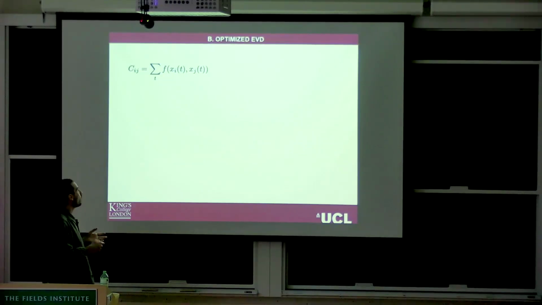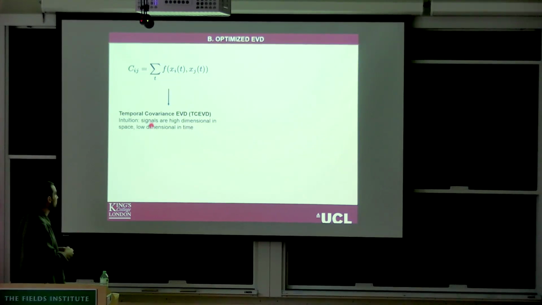Optimized EVD. Once we claim that we can put all these measures in a unique framework, we can do an optimized EVD, which is a temporal covariance EVD, which has been used a lot in other fields, to compute eigenvectors and values of the matrices in an optimized way. And again, the intuition here is that signals in the window typically are high dimensional in space, but low dimensional in time. So you can use the low dimensionality in time to optimize computations.